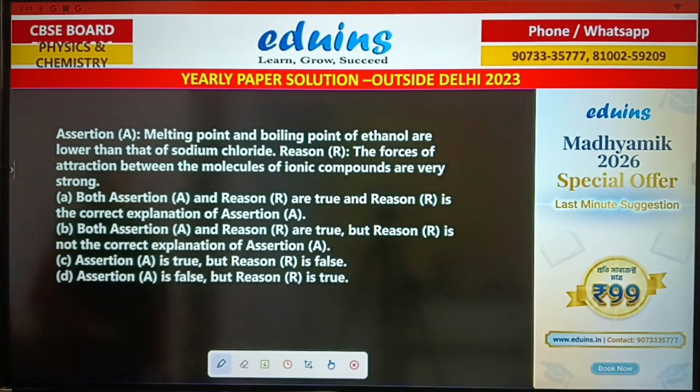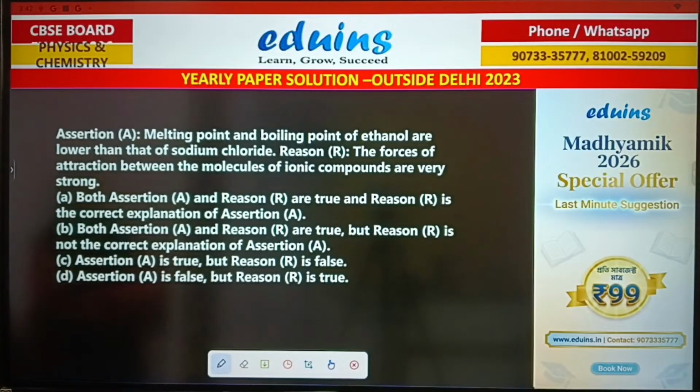Now the second assertion. The melting point and boiling point of ethanol are lower than that of sodium chloride. Reason: the forces of attraction between the molecules of an ionic compound are very strong. Option A is both assertion and reason are true, and the reason is the correct explanation of the assertion.